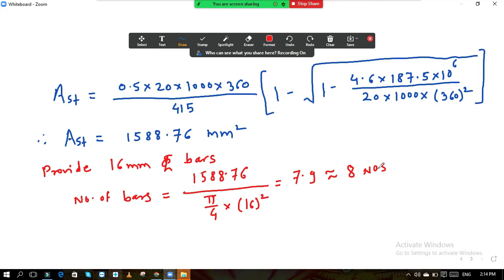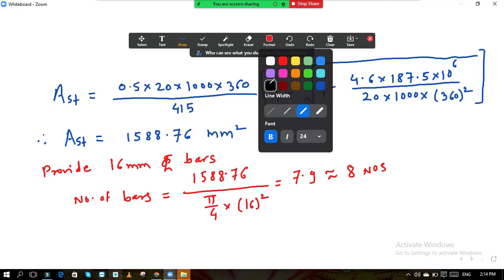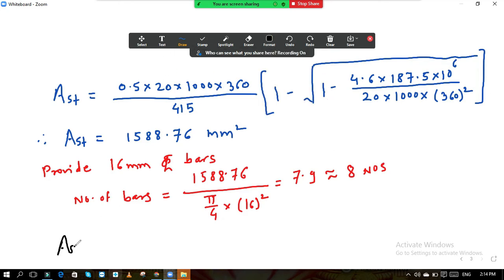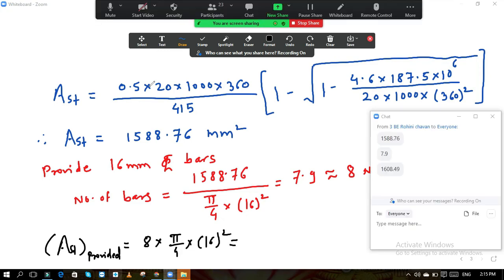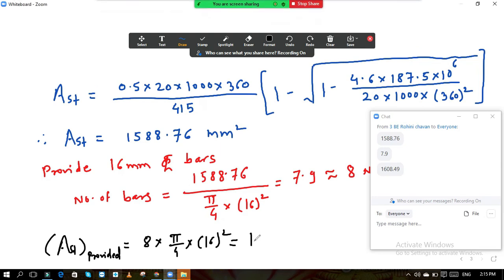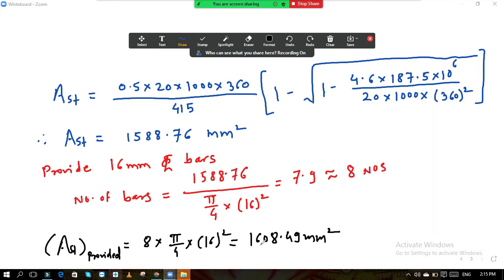Now 8 number of bars we are providing, so calculate AST provided. It is 1608.49 mm square. So this is our AST provided. Now calculate the spacing.